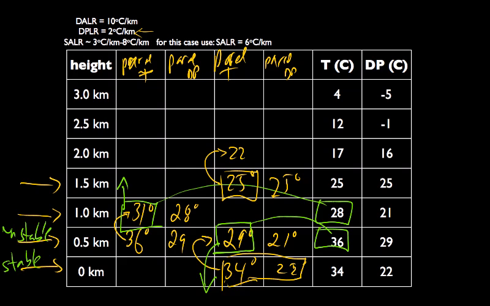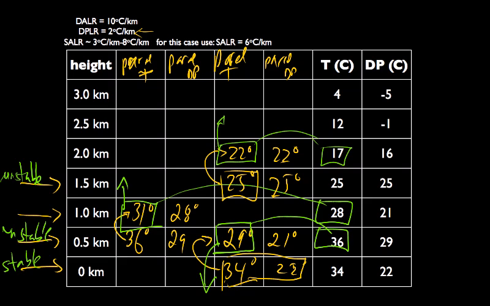That gets me 22 degrees and a 22 degree dew point. The dew point follows the temperature. Now, for stability, I compare that new temperature with the air around it. It's warmer than the air around it, so it would keep going up. So this would be considered unstable, because if I push it in one direction, it keeps going in that direction.